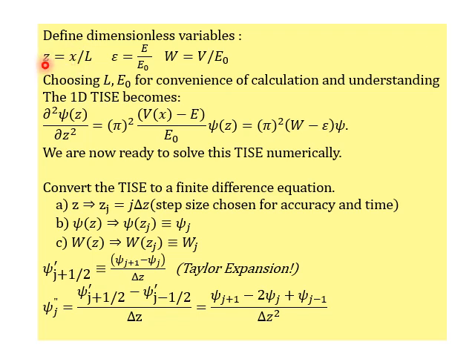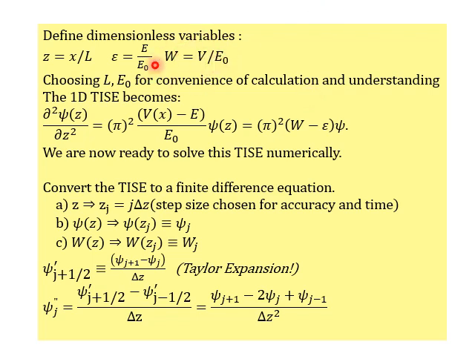I'm going to create a new variable, z, equal to x over some scaling constant, L. I'll talk about that in a minute. I'll create a new energy, epsilon, which is the ratio of the actual energy to some scaling energy, E0. And then I'll scale the potential as well. W is equal to the potential energy divided by E naught. We choose L and E naught for convenience of calculation, for trying to make the magnitudes work out, and to perhaps understand what's going on.